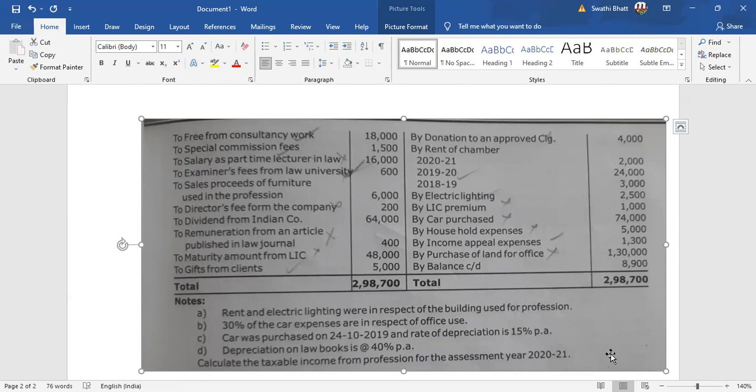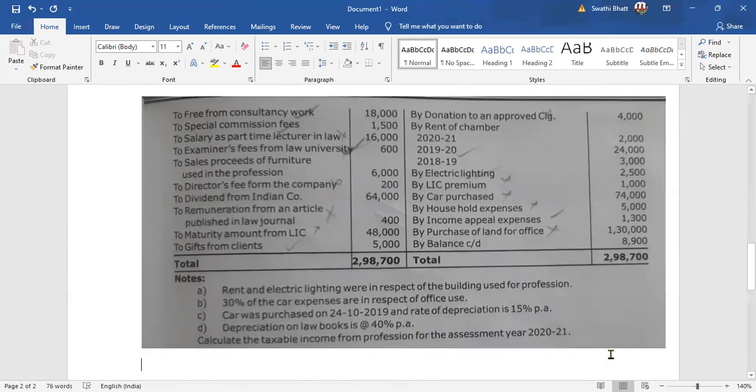It can be building, office, books, patents, or it can be car purchased, furniture purchased, or any capital expenditure. You don't write the purchase price. The only expense related to these items is depreciation. So for the car purchase, the amount is 74,000, but you don't write the 74,000 as expense. The only expense related to the car which we will be showing is depreciation.